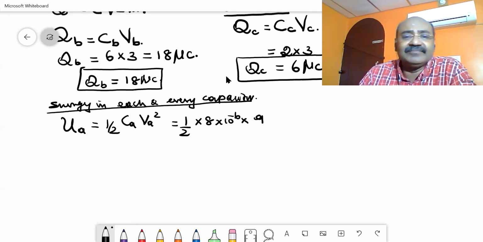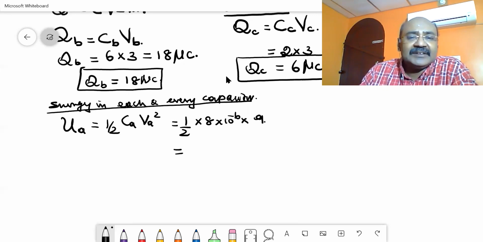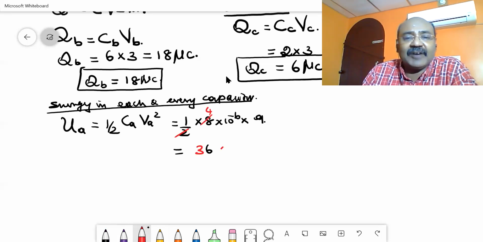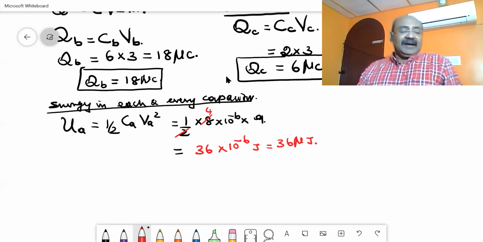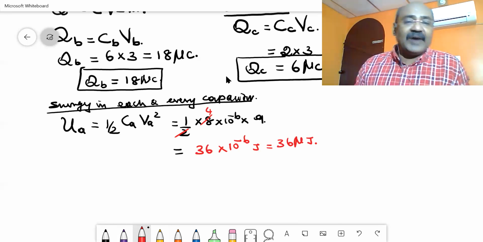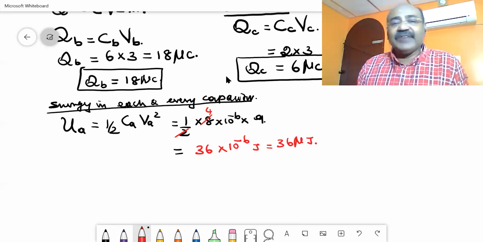So what will be the answer? This 2 and this 8 get cancelled, you get 4. 9 into 4 gives 36 into 10 to the power of minus 6 joule, or you can write it as 36 microjoule as the answer. This is epsilon of A, the energy stored in A.